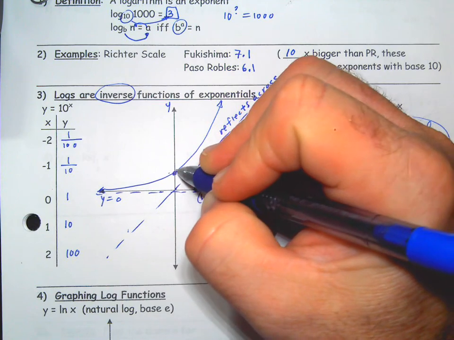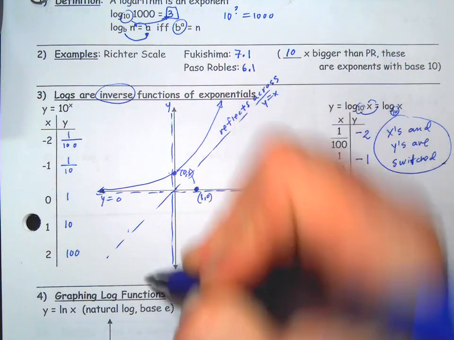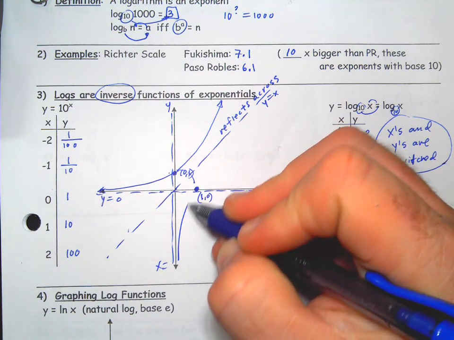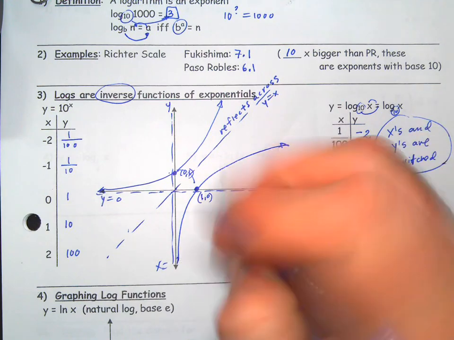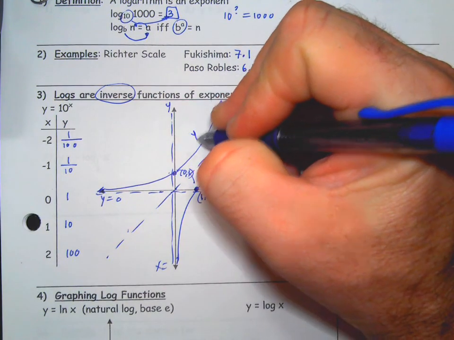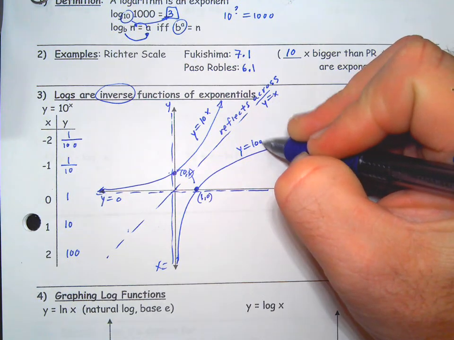So this goes here. This horizontal asymptote becomes a vertical asymptote. It looks like the graph has been flipped across that line. That's what any pair of inverse functions are. So this is 10 to the x. This is log base 10 of x.